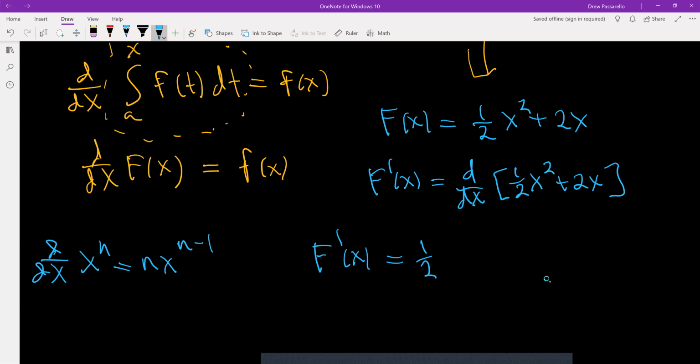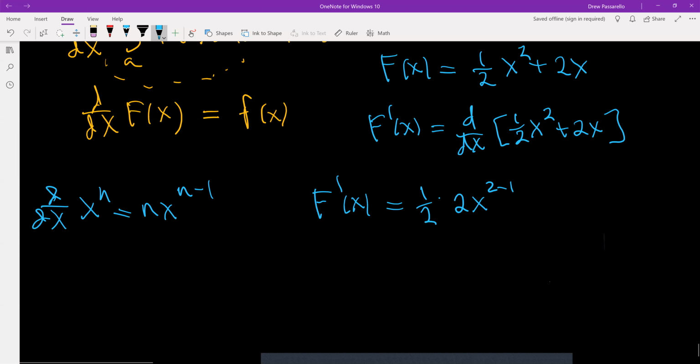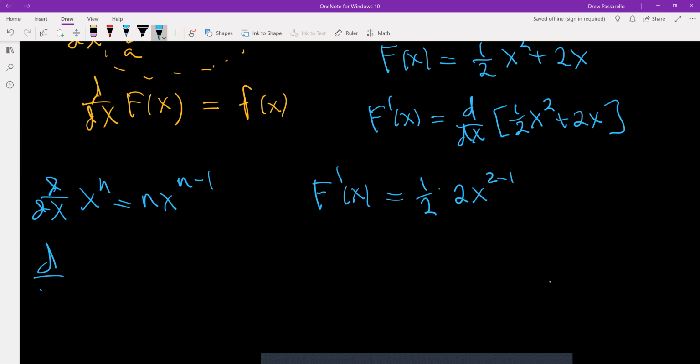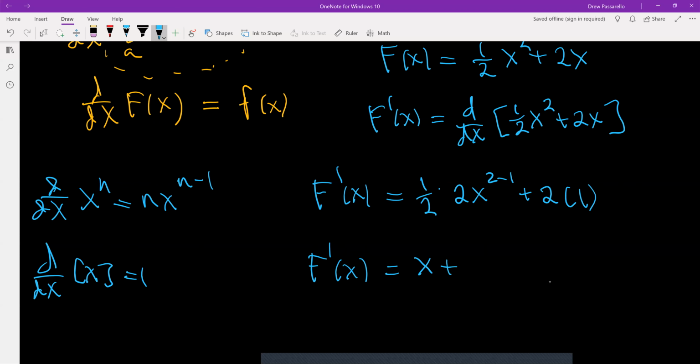So this becomes 1/2 times 2x to the 2 minus 1. Differentiating 2x, well, the derivative of x is 1. This becomes plus 2 times 1. And so capital F prime of x is going to be x plus 2.